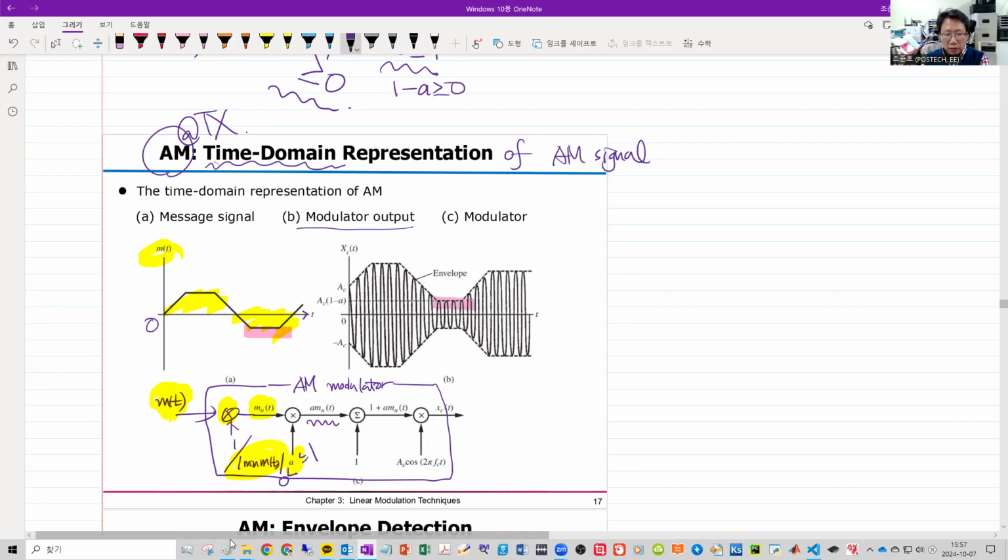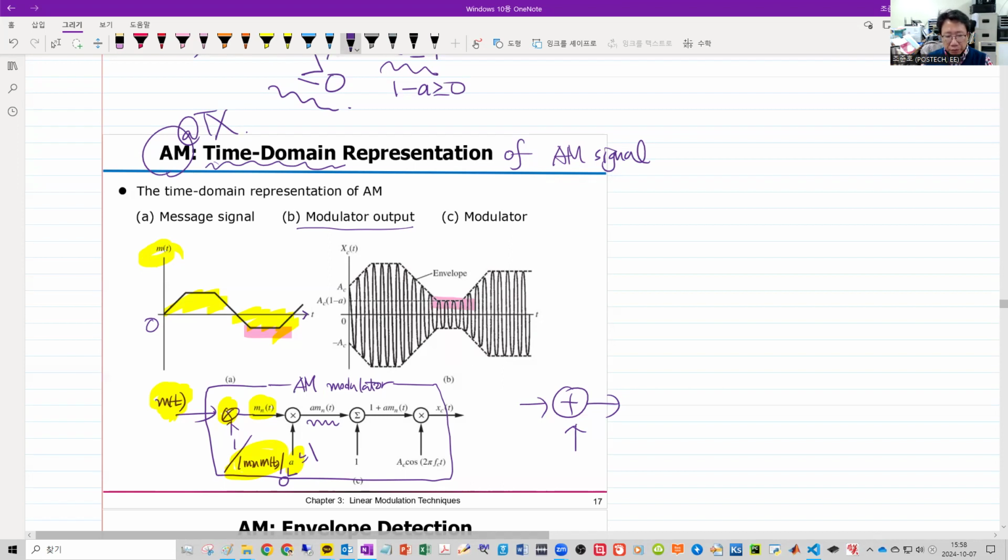Now, by the way, this sigma can be replaced by this plus. Got it? It's an adder. And don't ask me how to build a circuit that performs addition. You learned that in your circuits course. You can use, for example, an operational amplifier to build such an adder.